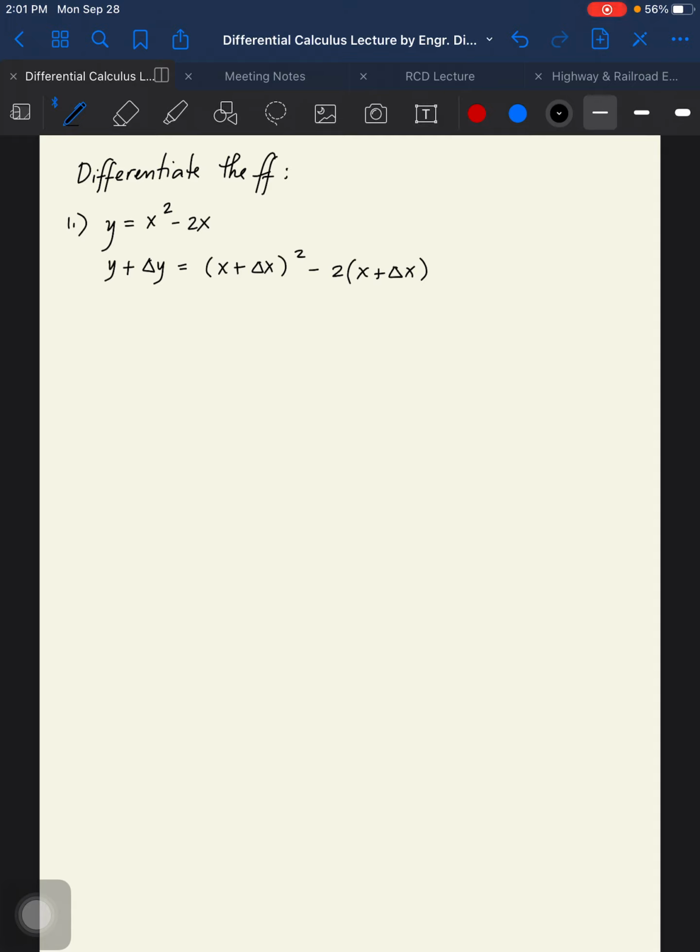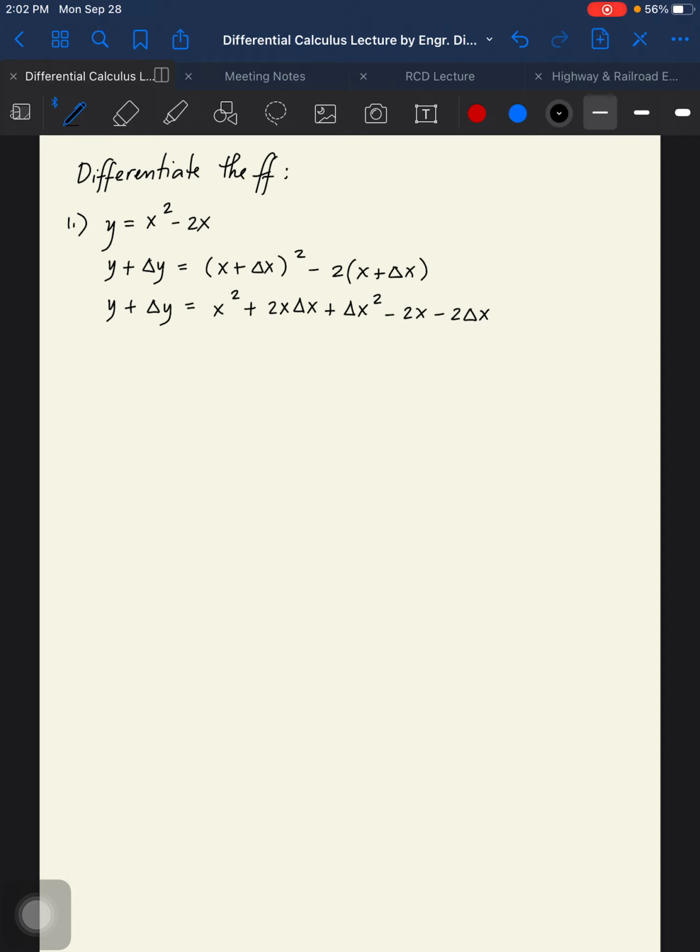Next, we need to expand. So what is the expanded form of this one? That is x squared plus 2x delta x plus delta x squared. Then distribute this part, negative 2x minus 2 delta x.